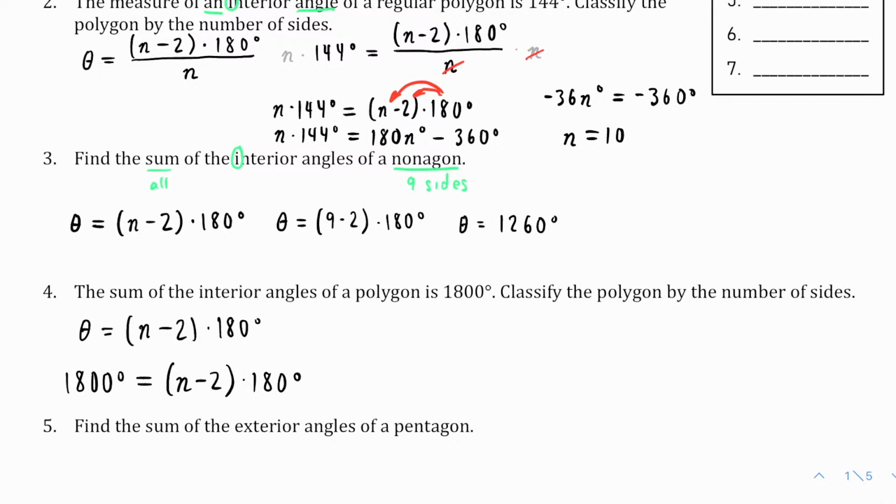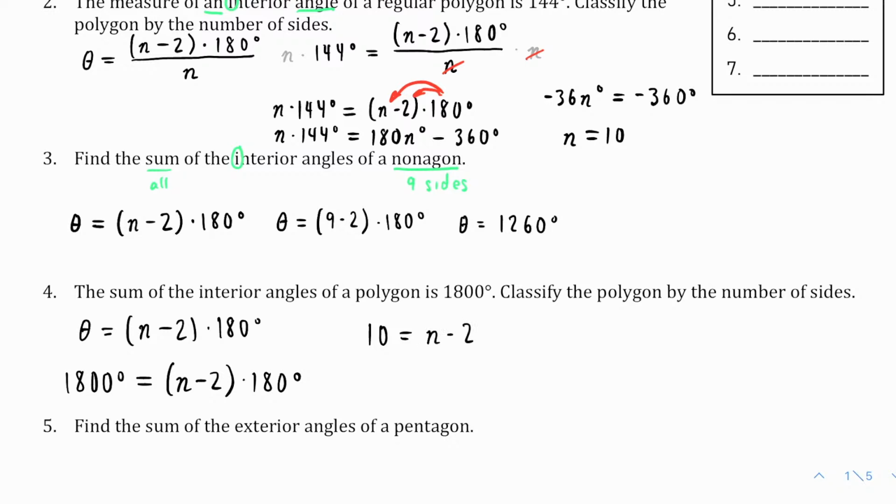And what I noticed pretty quickly, it looks like 180 is going to go into 1,800 pretty nicely. 1,800 is just 180 with another 0. So I know that if I divide both sides by 180, I'm going to end up with 10 equals n minus 2. And that's pretty easy to solve.